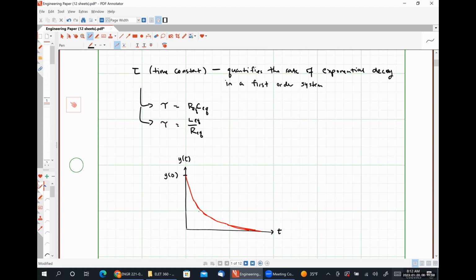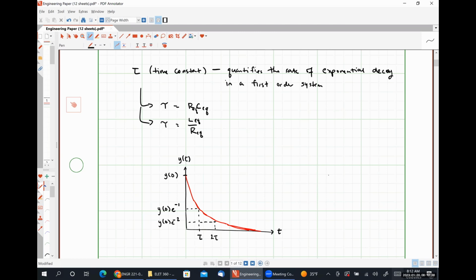So we define a single time constant, 1 tau, to be the point at which our value here is y of 0 times e to the minus 1. Okay. And 2 time constants is similarly y of 0 times e to the minus 2, and so forth and so forth.